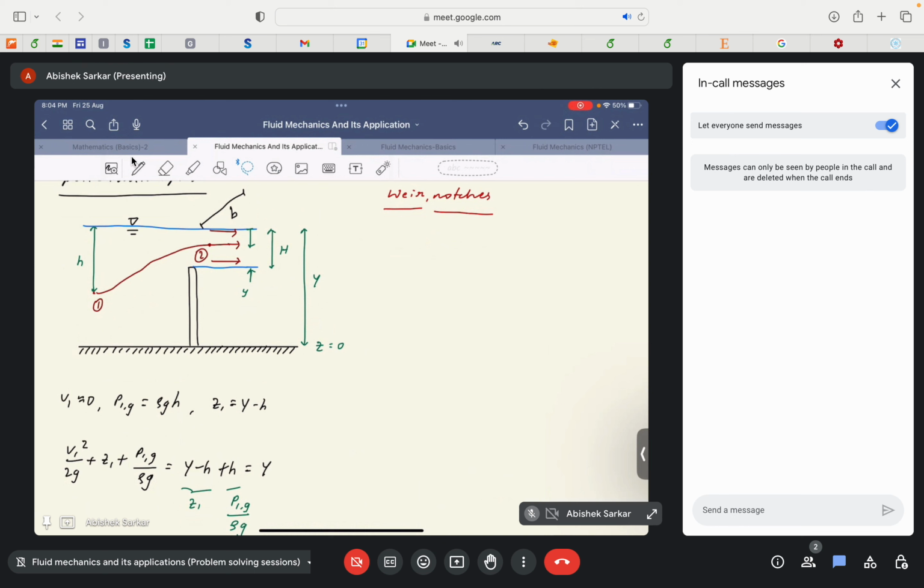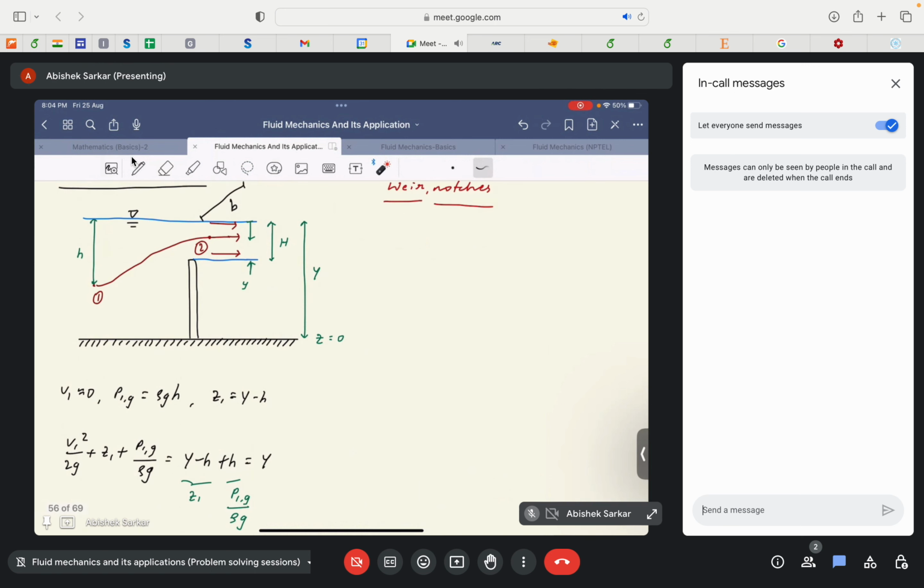h is the width of the liquid jet that falls out of the notch or the weir. Small y is the distance of, ideally, h minus y, which is the distance of point 2 from the free surface of the liquid.